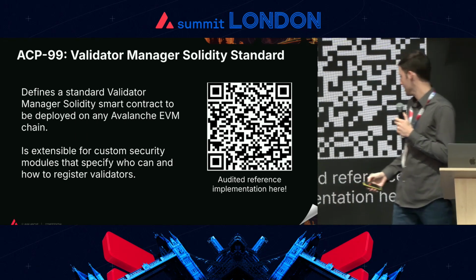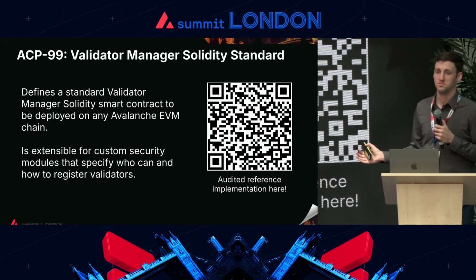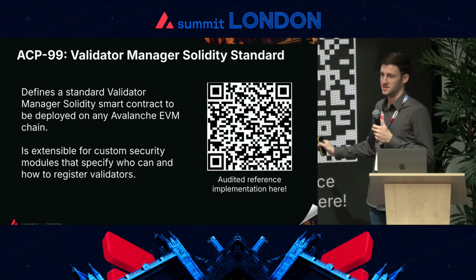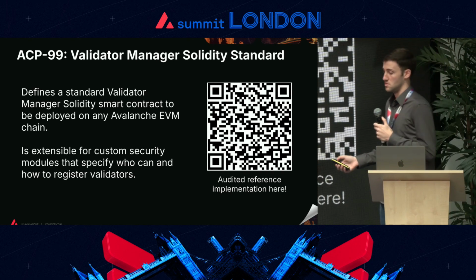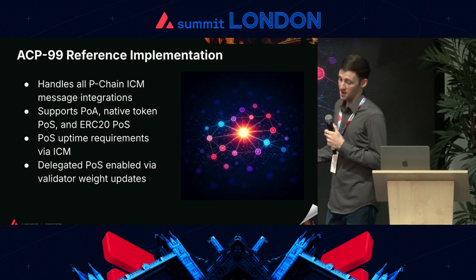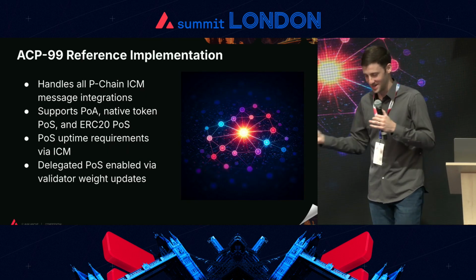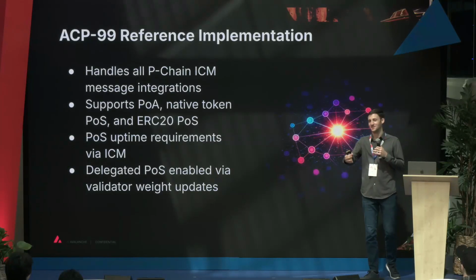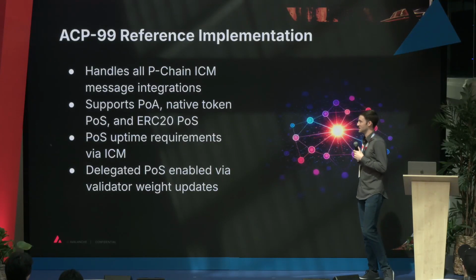So we have a reference implementation of these contracts that was audited by OpenZeppelin, open sourced in the ICM contracts repo here. But those contracts aren't the only ones that you can build. You can use them and inherit from them to get much of the functionality that you need and then add your custom extensions to it for new types of validator management.